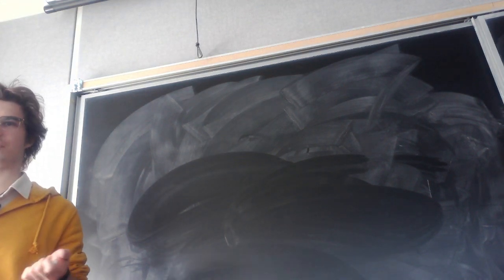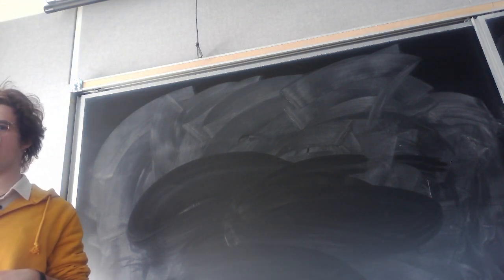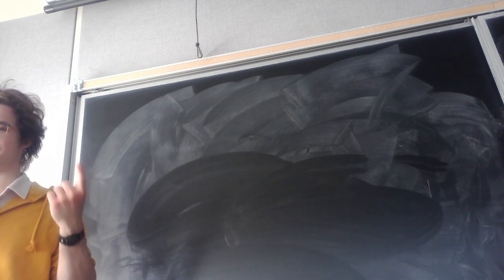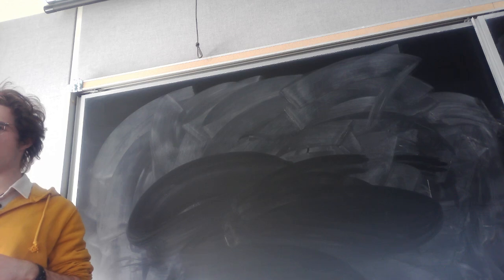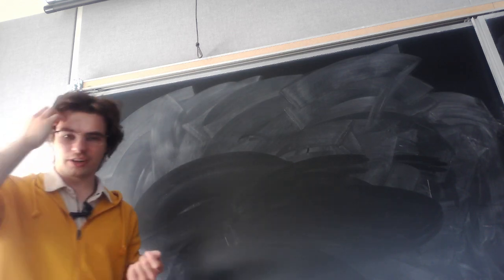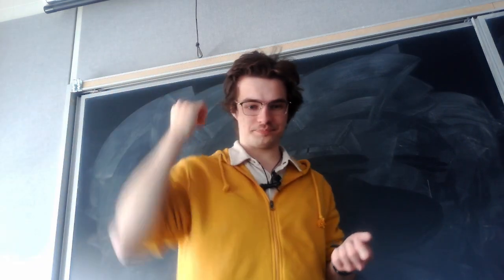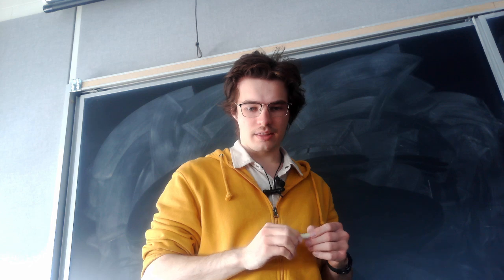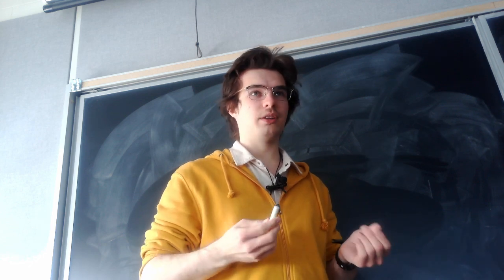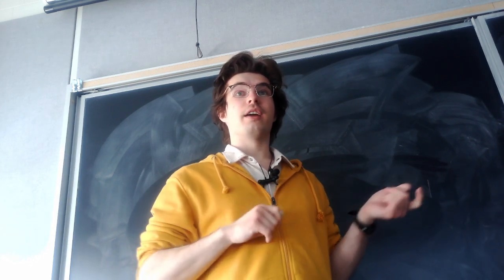I'm trying to describe the motion of a point particle. Okay, but that's the second step. Position. So if I'm trying to describe the movement of a point particle, we need to be able to talk about the position of this particle.